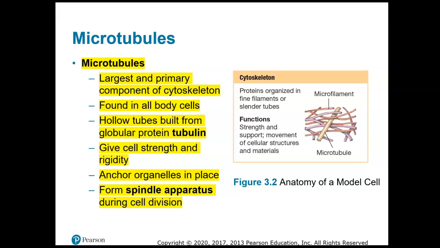So we went over the parts of the cell, including the cytoskeleton, microfilaments, and intermediate filaments, and now microtubules. And we went over some of the organelles, but now at the end of the slideshow, there's also some notes on each individual organelle or cell part.